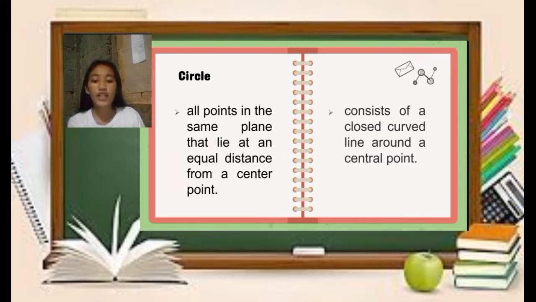So circle commonly refers to anything that's approximately shaped like this, even if it is not a perfect circle in geometric terms. Letter O is an example of a circle.